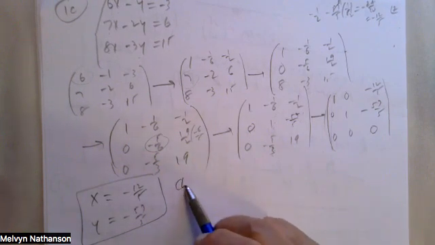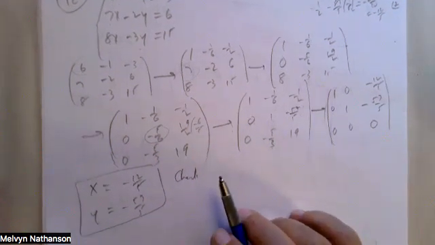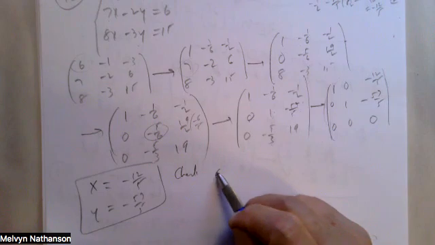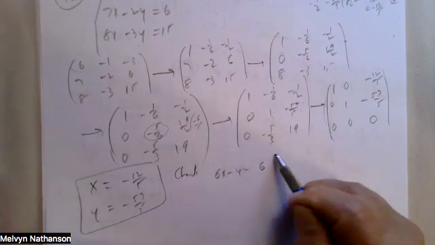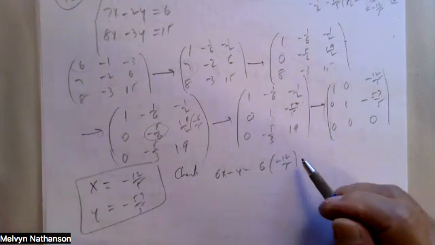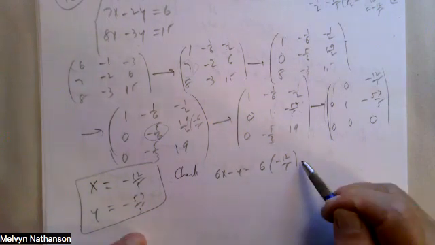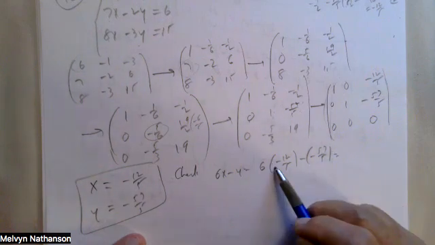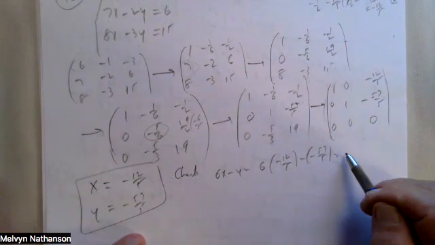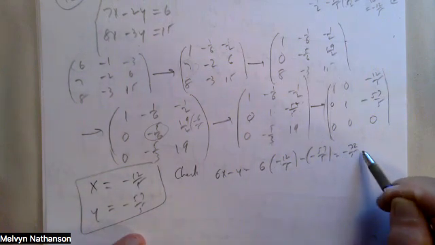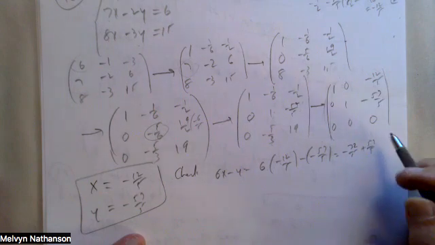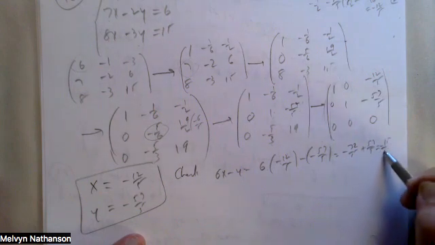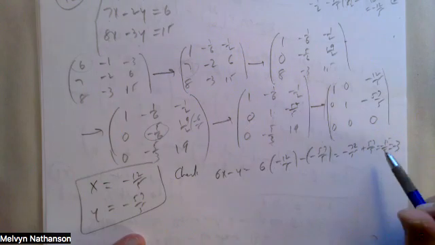Let's check. Hard to believe I didn't make a mistake, but you never know. So 6x minus y is 6 times minus 12 over 5 minus minus 57 over 5. This is 6 times minus 12, minus 72 over 5 plus 57 over 5, is minus 15 over 5, is minus 3.